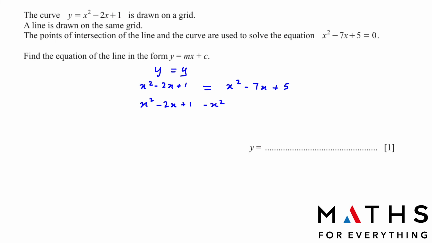This will be negative x squared, negative 7x will be positive 7x, and plus 5 will be minus 5 equals to 0. Now add the like terms, x squared minus x squared is cancelled. Negative 2x plus 7x will give you 5x, and plus 1 minus 5 will give you minus 4. This is your equation of the line, 5x minus 4.